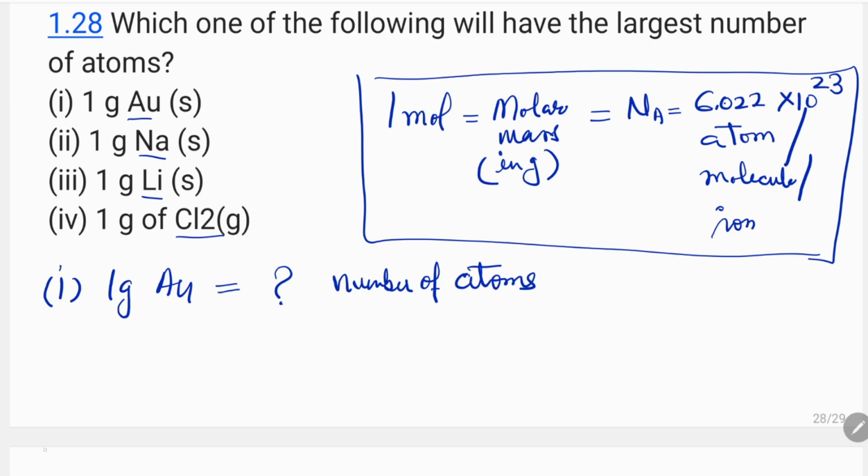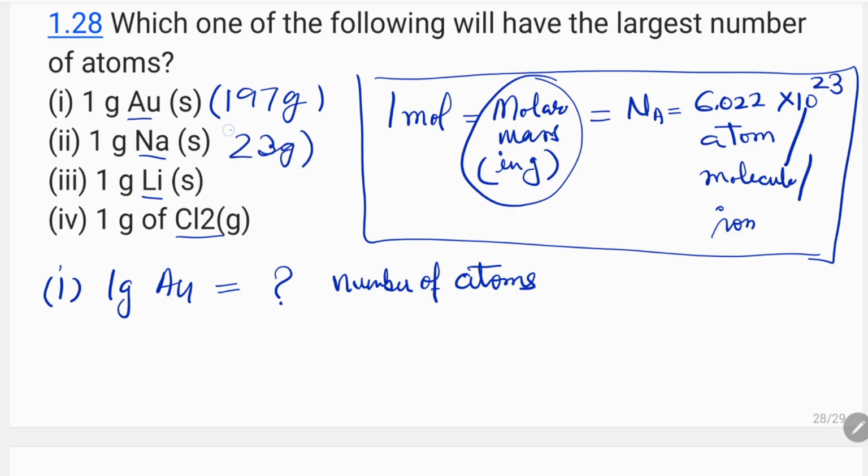Fine. Okay, now before doing that we should know what their molar masses are, because this is a very important thing which we are leaving out over here. So the molar mass of gold is 197 gram. For sodium it is 23 grams.